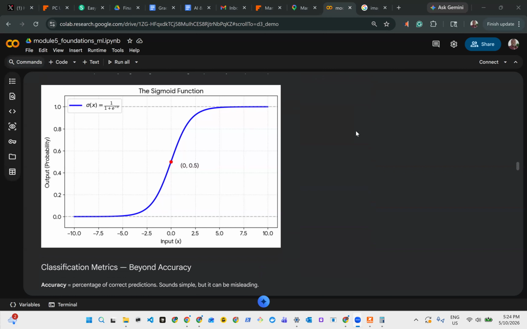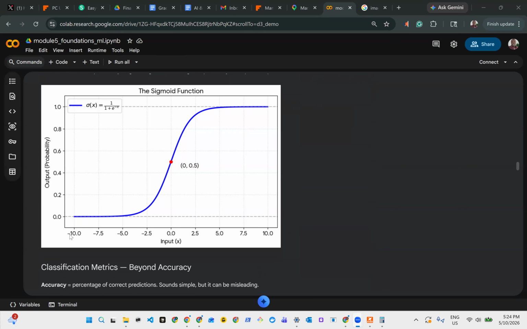I know this is pretty much a math problem, but it's very important we know how the underlying functions that make classification algorithms work. So this is a typical sigma function. If you look here, we have the numbers that will be input.